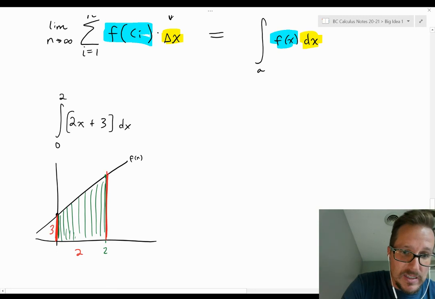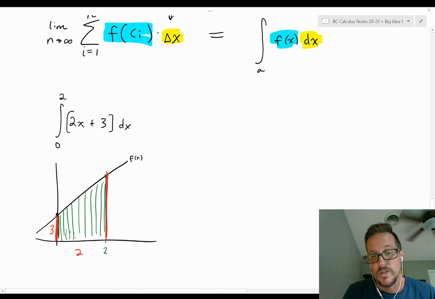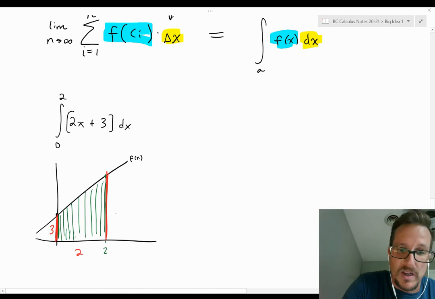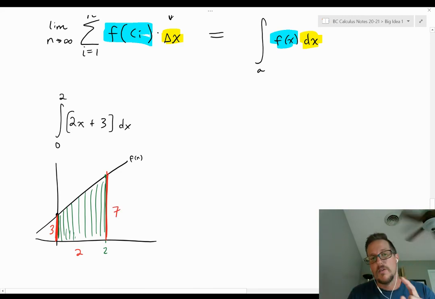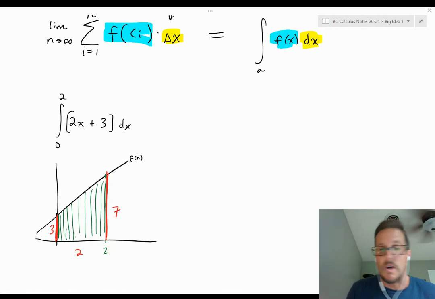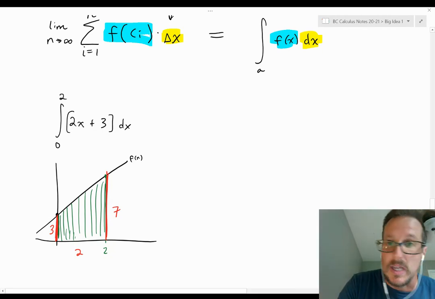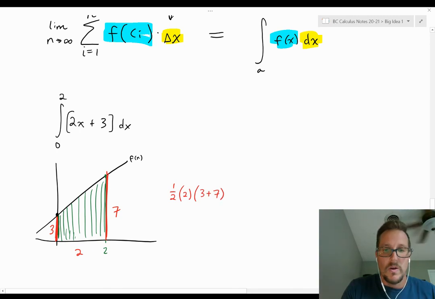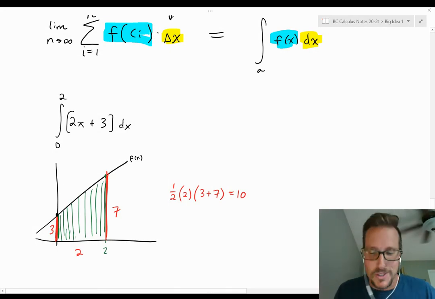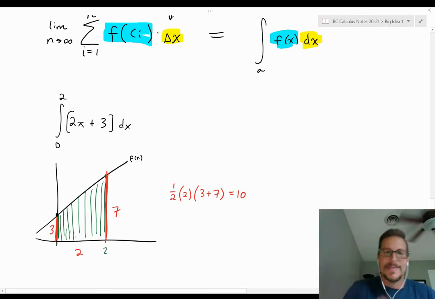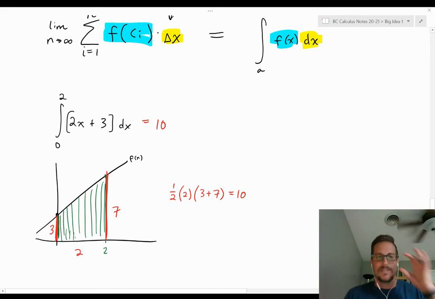This distance is the function value at 2, which is 7. And if I want to calculate the area under the curve 2x plus 3 from 0 to 2, all I need is geometry. And the area of that trapezoid is 1/2 of the base times the sum of the heights, 3 and 7. Well, that's going to be 10. Purvis, you don't need calculus for that. I beat you. That's the answer, 10. Get on my level.